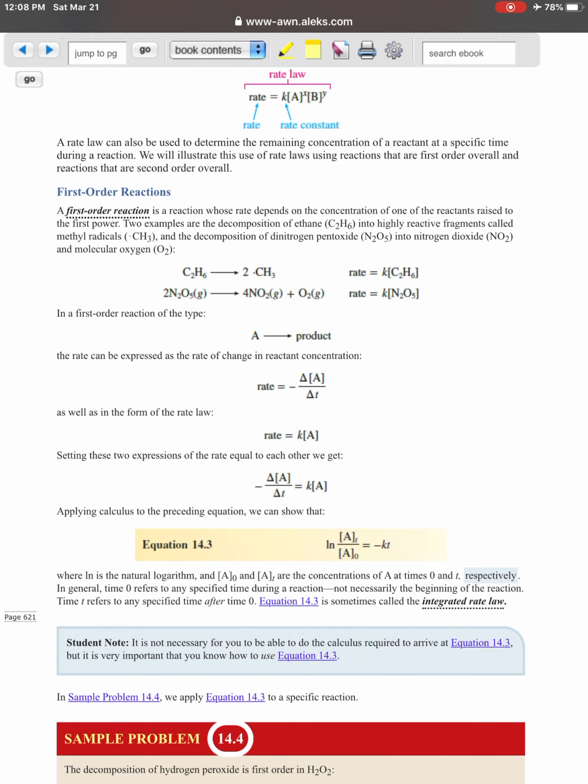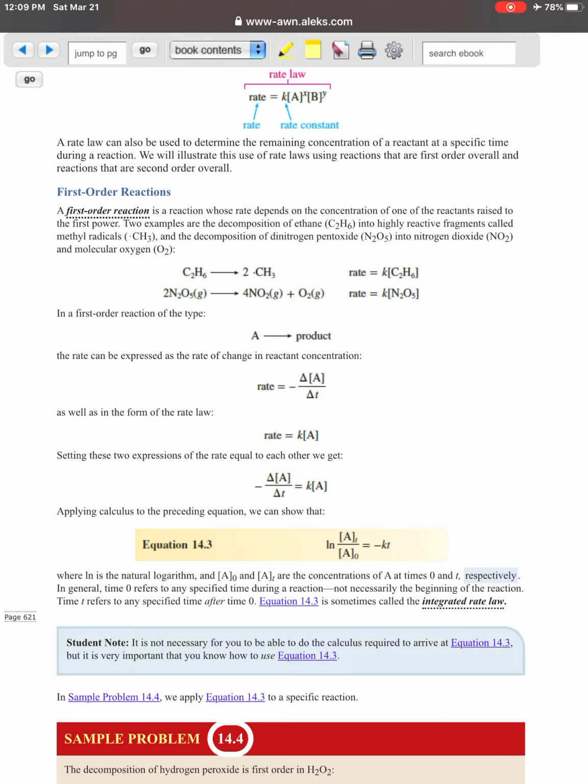First order reactions. A first order reaction is a reaction whose rate depends on the concentration of one of the reactants raised to the first power. Two examples are the decomposition of ethane, C2H6, into highly reactive fragments called methyl radicals, •CH3.